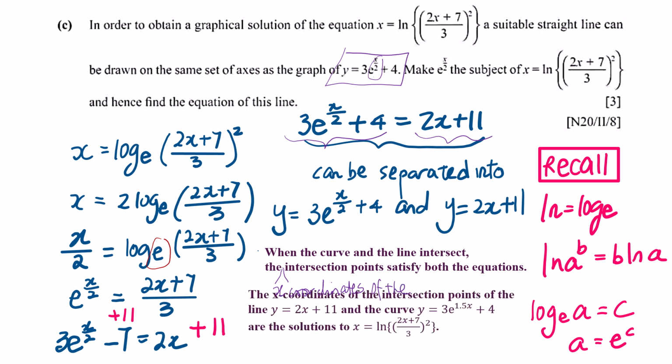So the straight line that we need to draw will give the solutions to x equals ln of (2x plus 7 over 3) to the power of 2. So the straight line to draw will be y equals 2x plus 11. So that ends the whole assignment. Happy learning.